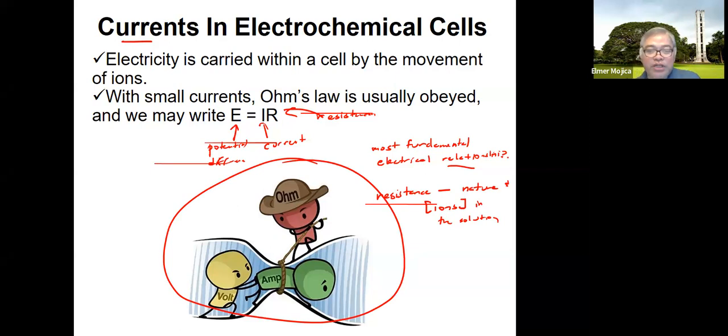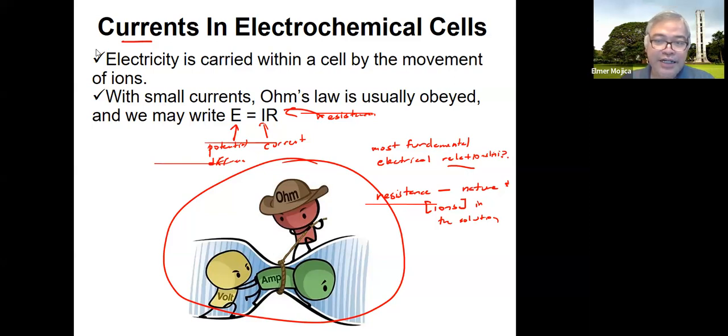So volt is the one pushing the current, while resistance is the one slowing the flow. And electrochemical methods of analysis are based on the measurement of one or more of these values.